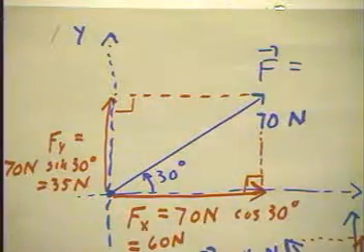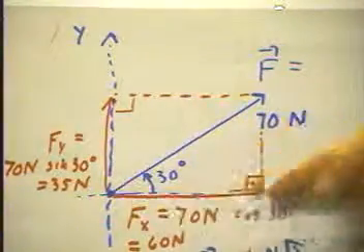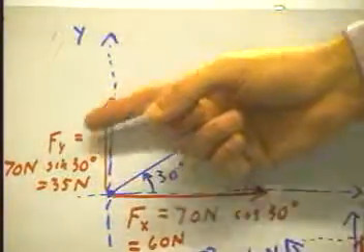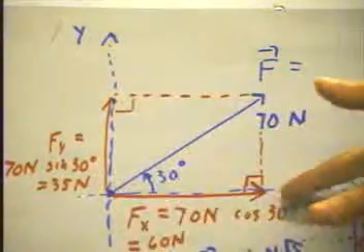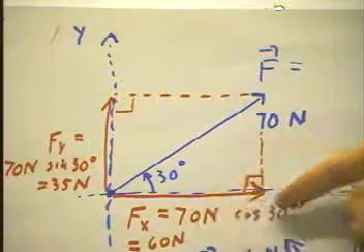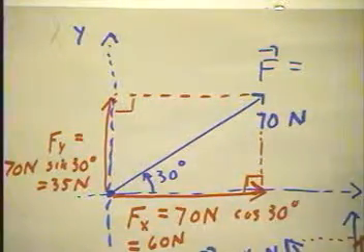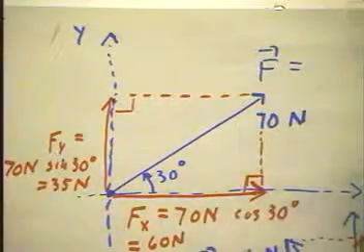of the block. It turns out that this force can be replaced totally by its two components, its x component and its y component. And you know how to calculate those components. The x component is going to be whatever the magnitude of the force is, in this case 70 newtons multiplied by the cosine of the angle, cosine of 30 degrees. That turns out to be something pretty close to 60 newtons.